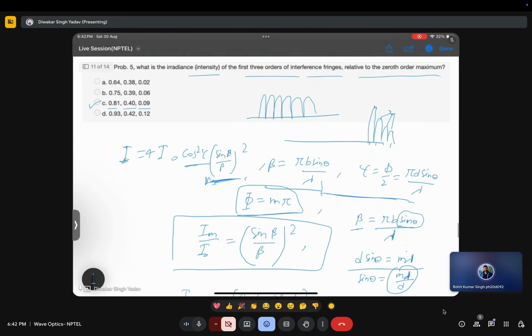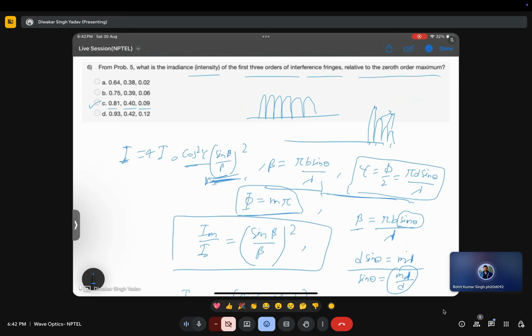Did you understand this? Yes, sir. Okay. So here we just have to see that this cos gamma will have no change when you go to different orders of interference maxima. What will change is this sine beta by beta term, because this is what is modulating this intensity.